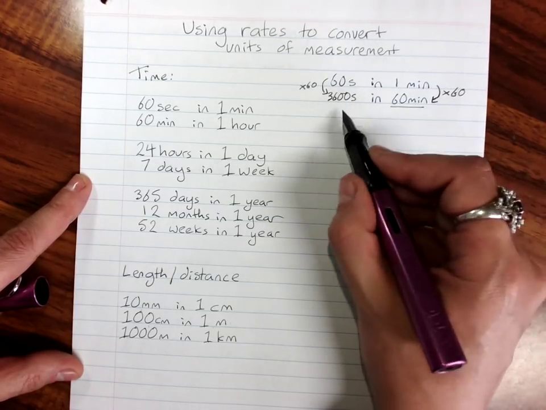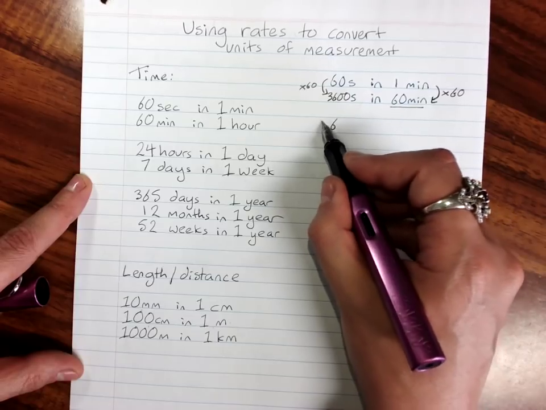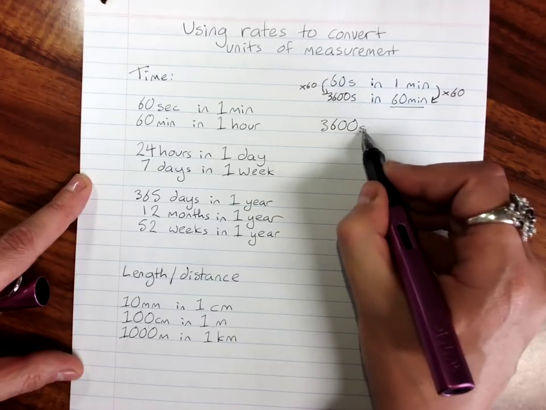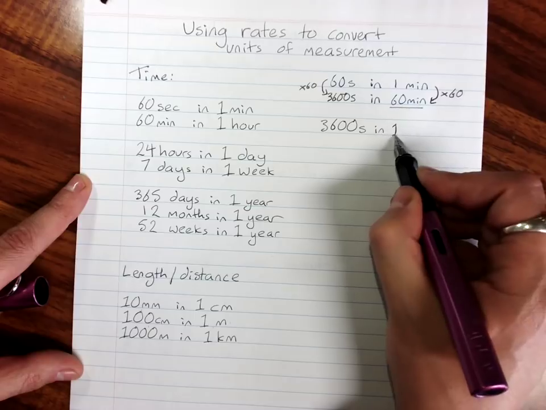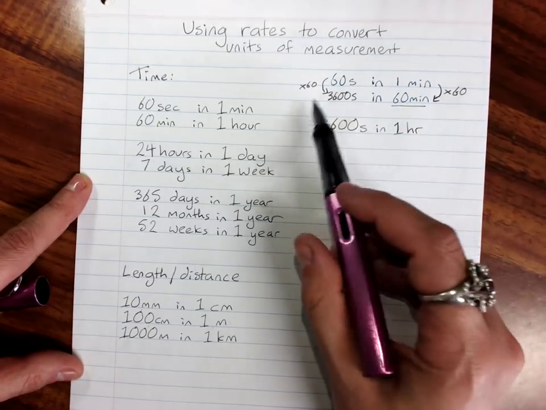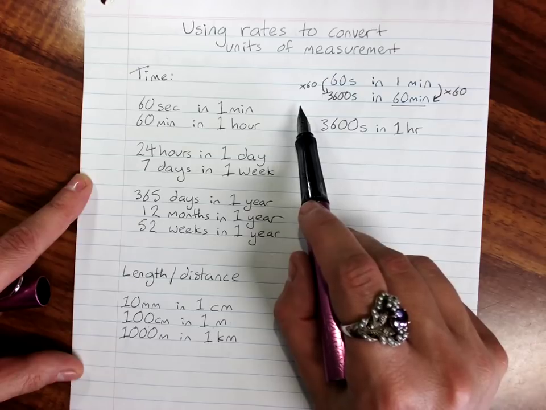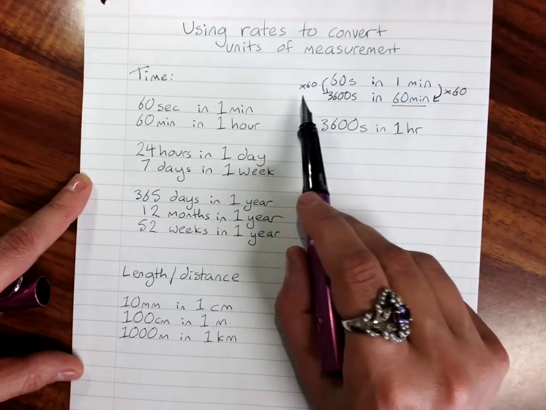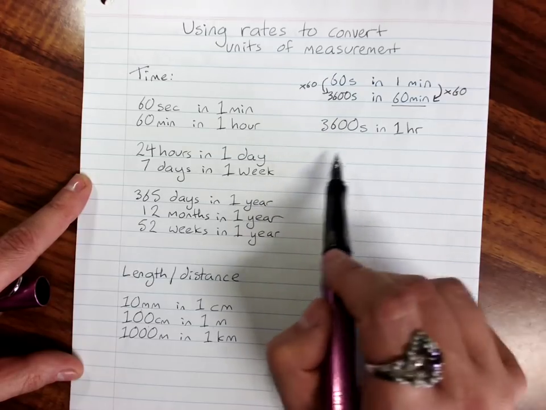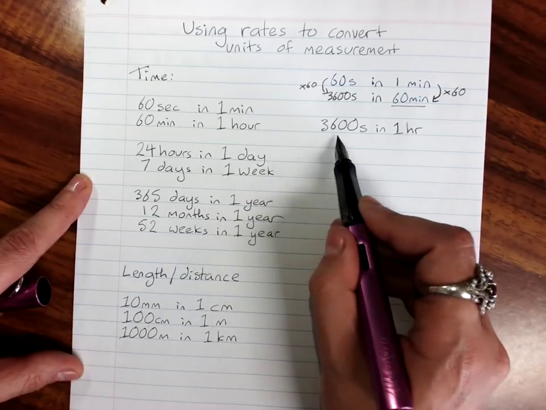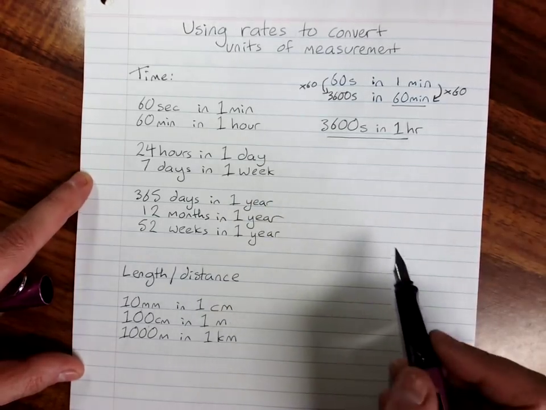And since 60 minutes is an hour, that's 3,600 seconds in 1 hour. And this is how we're going to convert the number of seconds to the number of hours and vice versa. So this is another useful conversion that we might want to use later.